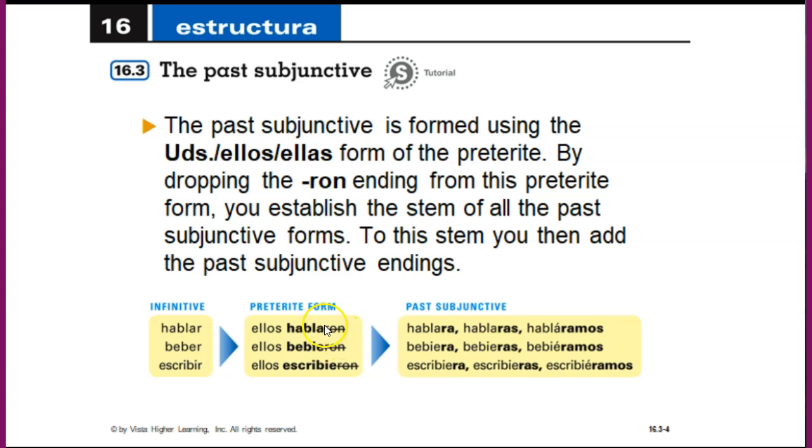So step number 2 is to take that RON away, and you're going to stay with the stem of the past subjunctive, and to that stem you're going to add the past subjunctive endings according to the subject. So hablara, hablaras, hablara, habláramos, hablarais, hablaran, and so on; bebiera, bebieras, bebiera, bebiéramos, bebierais, bebieran, and so on.